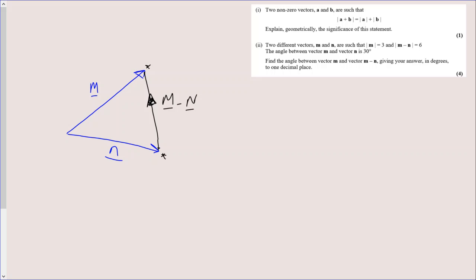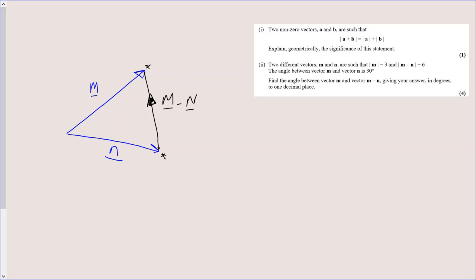Just going to move this down a little bit here. So we've been told that the magnitude of m is equal to 3, so I'll put that information on here. And the magnitude of n is equal to 6. And find the angle between the vector m and the vector m minus n. Well, this is going to be this angle here.